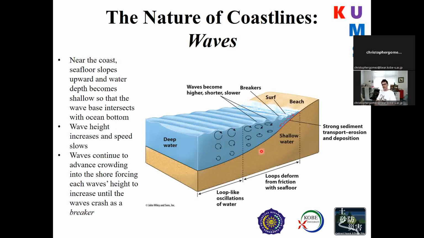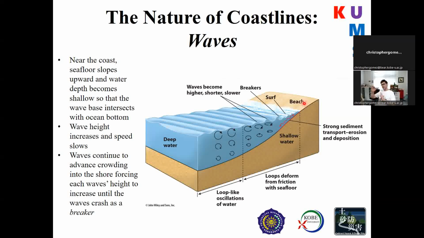And when you are at the coast, in this area, waves can become breakers. So when they do this snake type of movement, the location afterwards where everything breaks and gets onto the shore is called the surf. And then at the top here, you have the beach.